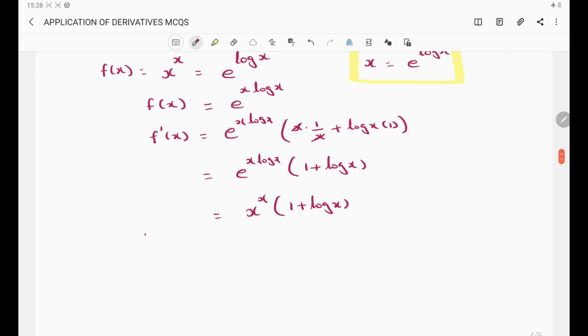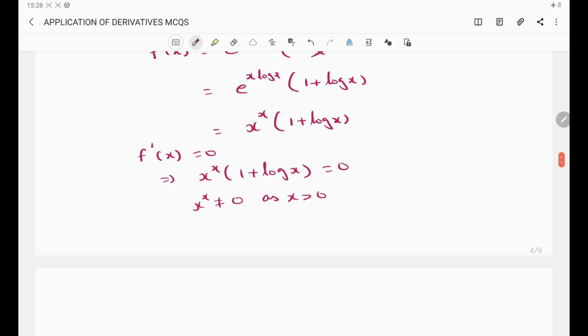And we have to find the stationary point. So on equating f dash of x to 0, this implies x to the power of x into 1 plus log x is equal to 0. Since x is positive, x to the power of x is not equal to 0, as x is always positive, otherwise log x is not defined. So we get 1 plus log x equal to 0, which implies log x is equal to minus 1.